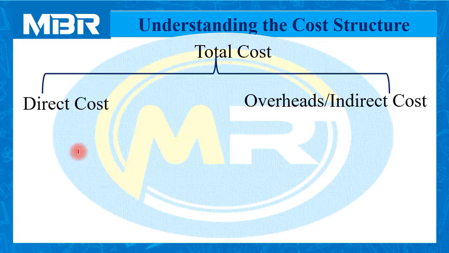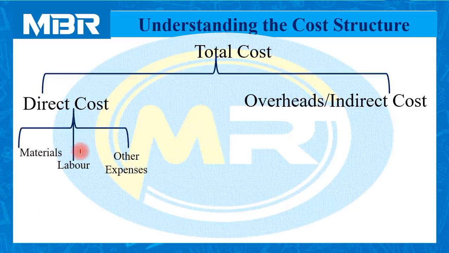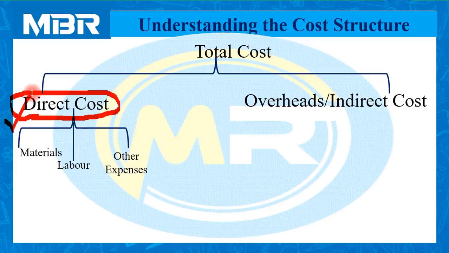Direct cost includes three different elements: direct materials, direct labor, and direct expenses or other direct expenses. These expenses are always traceable in nature. It means we can directly transfer the amount of direct cost to the production because it is related to the production.